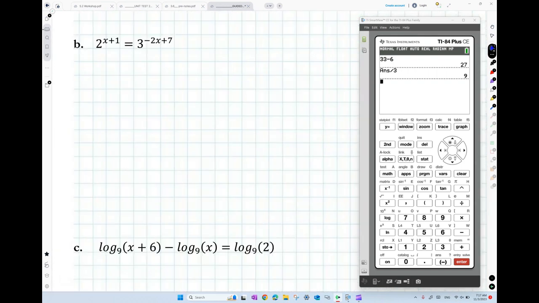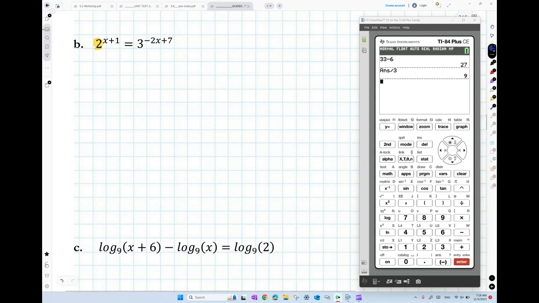For b, it's a little more complex because on both sides of the equation, you have the variable inside the exponential. So the trick here, either you can very well apply, which is very frequent, the same logarithm on both sides, and you can also just cross over one of the bases.